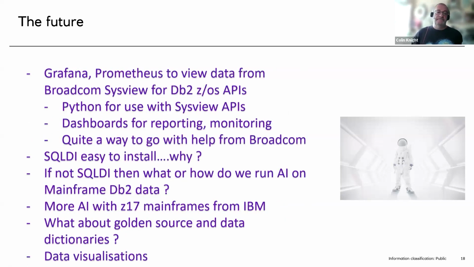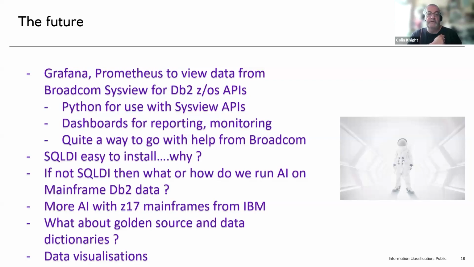All right. Just looking at something we're doing and hoping to produce over the next few months and year or two. We're taking data out of SysView via the APIs provided by Broadcom for our monitoring tools and DB2. And we're hoping to use Python via those APIs to produce graphs and look at the data from monitoring DB2.